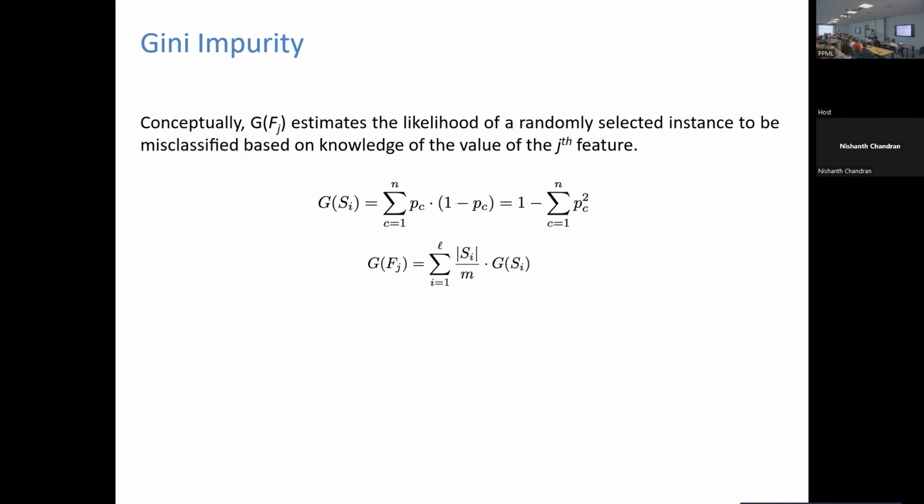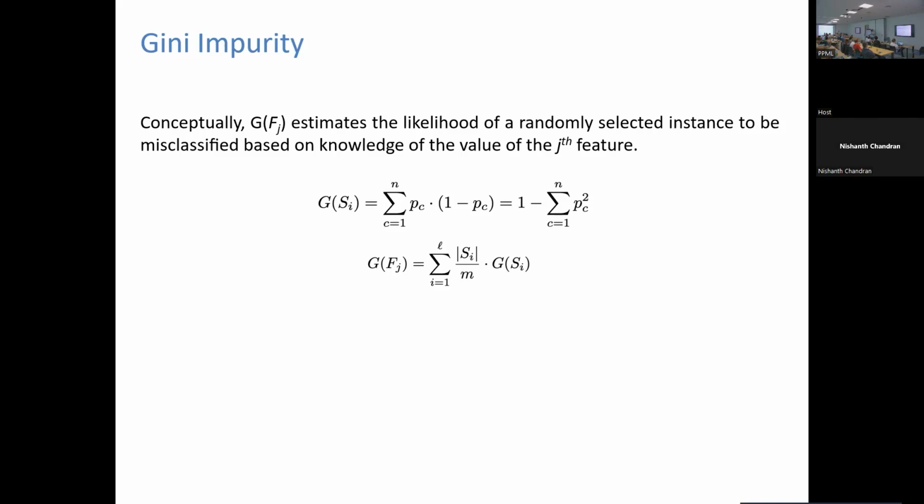In principle, this Gini impurity is essentially an estimation of the likelihood that if you randomly pick an instance, what is the chance that that instance will be misclassified based on the knowledge that you have only about that feature? So the smaller the Gini impurity of the feature, the smaller the chance that you misclassify based on that feature.